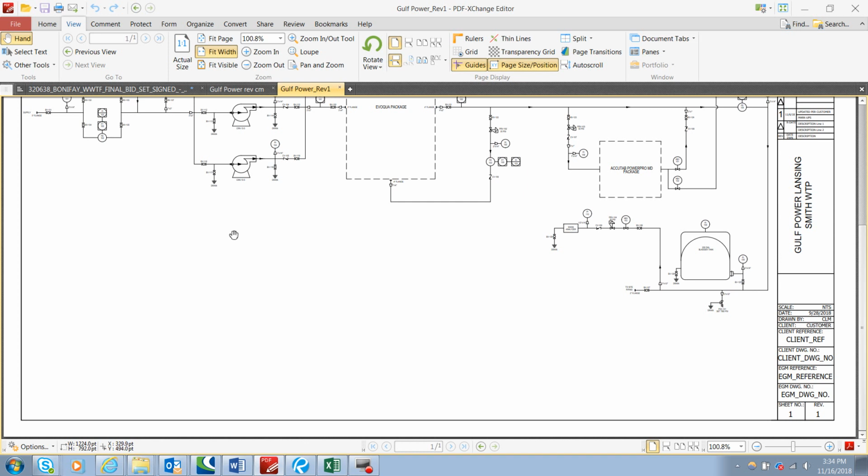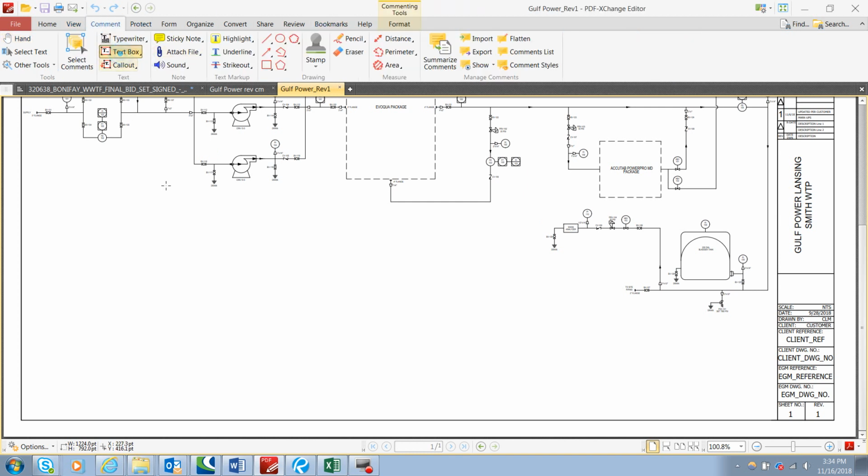Another form of symbolic diagram plan sheets is the P&ID drawing.